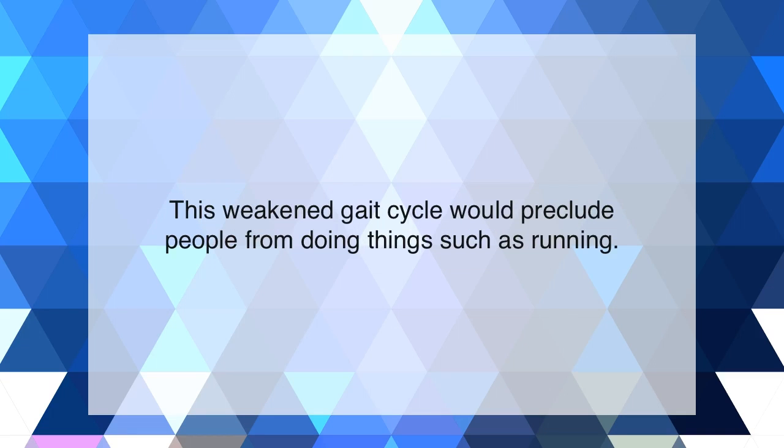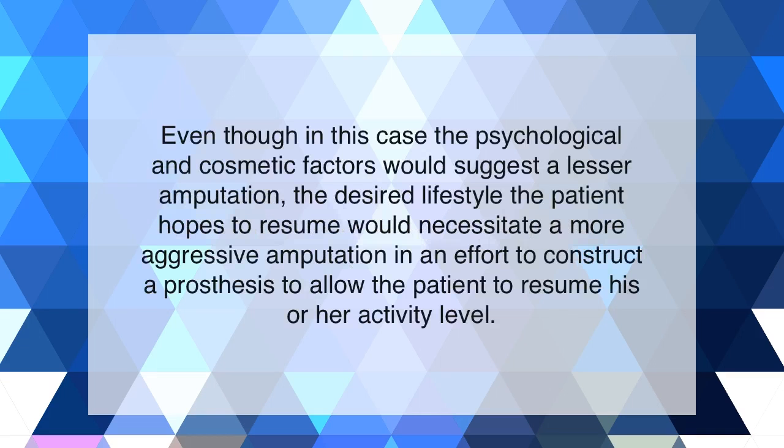This weakened gait cycle would preclude people from doing things such as running. Even though in this case the psychological and cosmetic factors would suggest a lesser amputation, the desired lifestyle the patient hopes to resume would necessitate a more aggressive amputation in an effort to construct a prosthesis to allow the patient to resume his or her activity level.